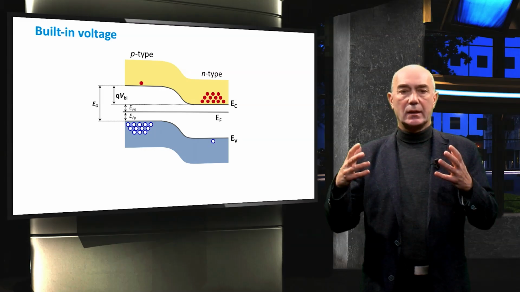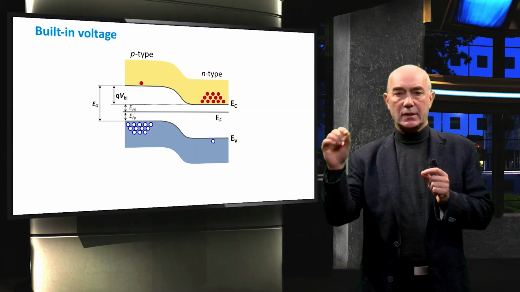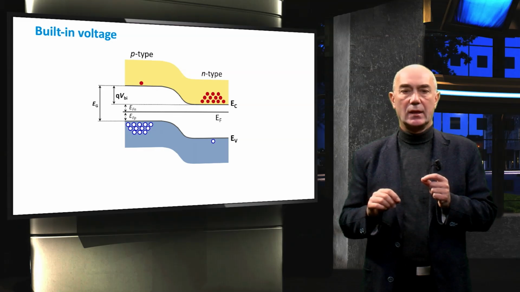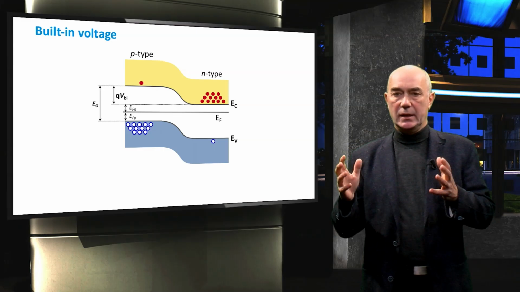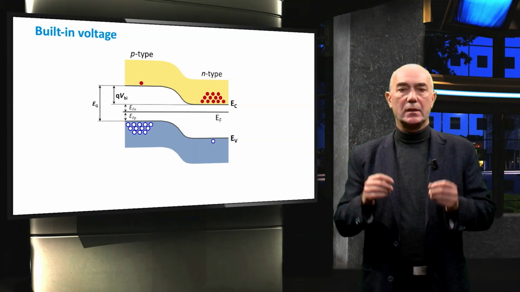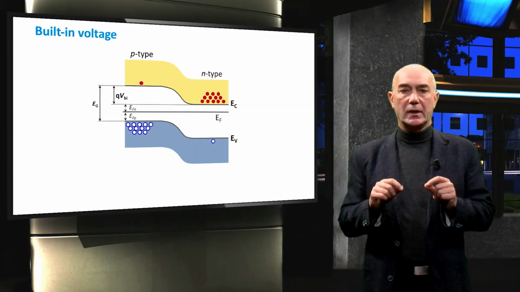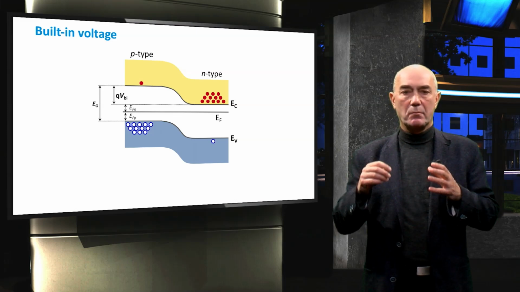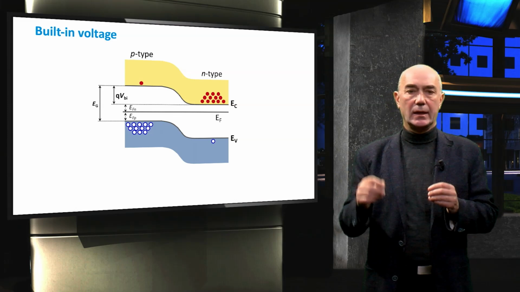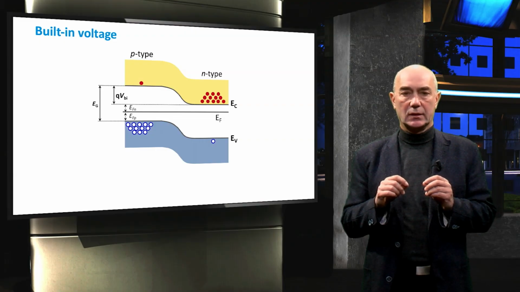We have to make a clear distinction between the electrostatic energy of the electrons and the total energy of electrons. Please note that in thermal equilibrium, the total energy of electrons that is expressed by the Fermi level is the same both in the p-type and n-type regions of the p-n junction.